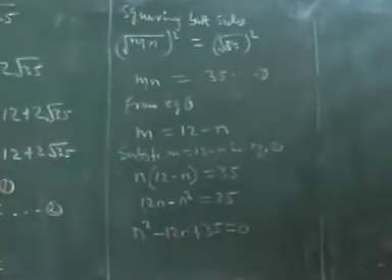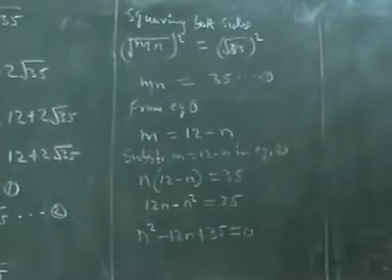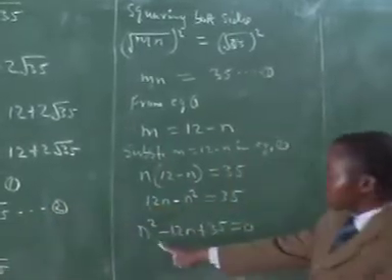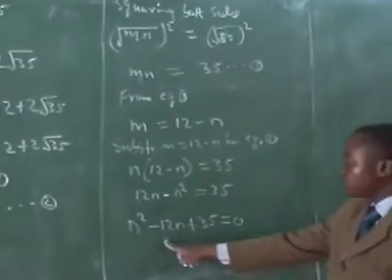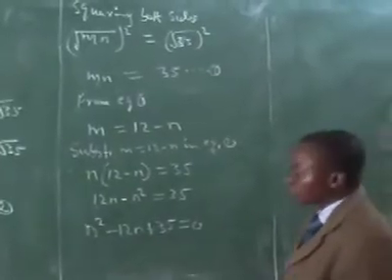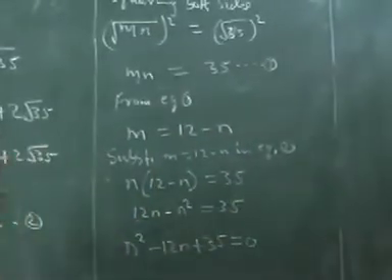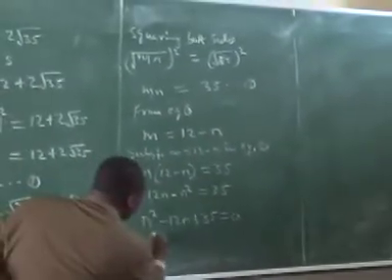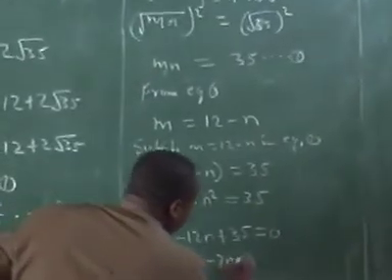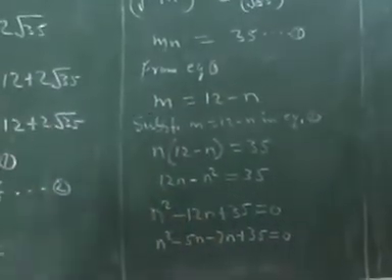So we can now use quadratic equation to solve this problem. We look for two numbers such that if we add the two numbers we get 12, and if we multiply them we get 35. And these two numbers are minus 5 and minus 7. So we can write n squared minus 5n minus 7n plus 35 is equal to 0.